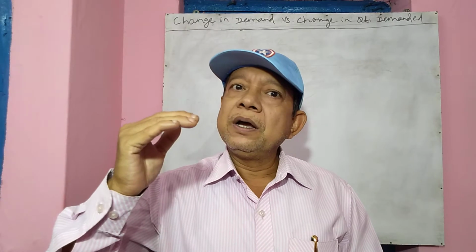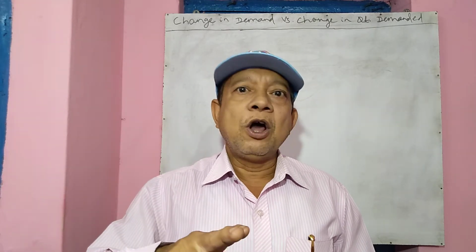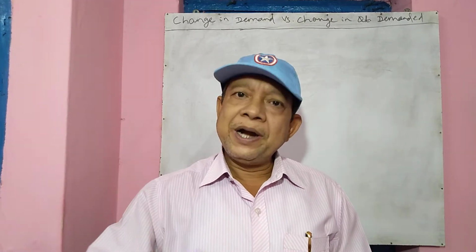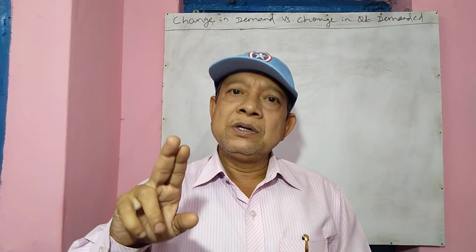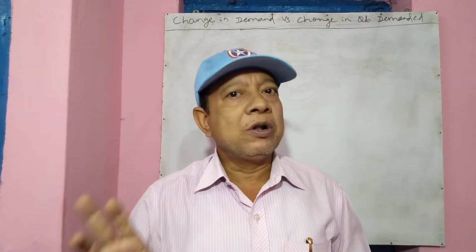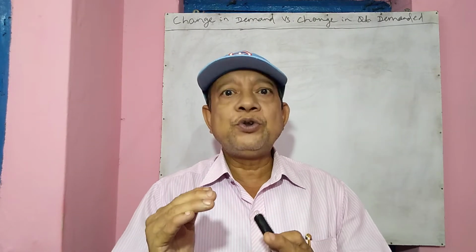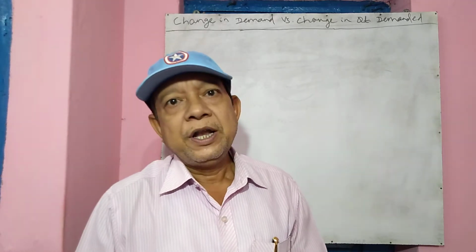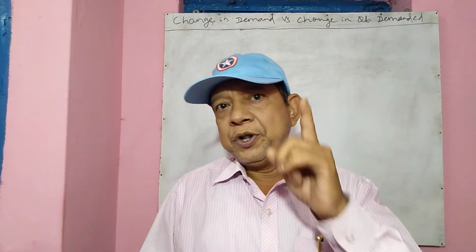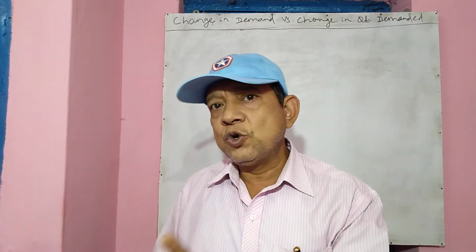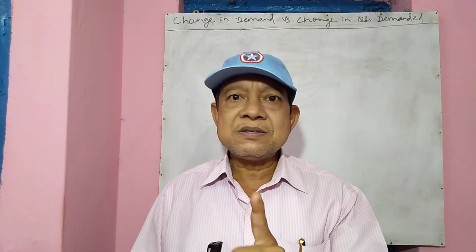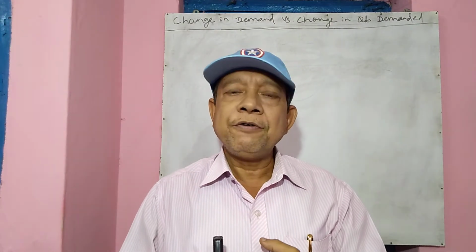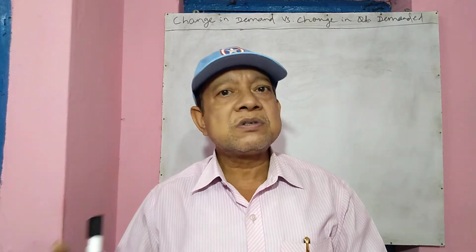Now, in our previous semester, we have read the law of demand, the demand curve, and the demand schedule. Still, to refresh your memory, the demand curve is always downward sloping. That is, a normal demand curve always slopes downwards from left to right.